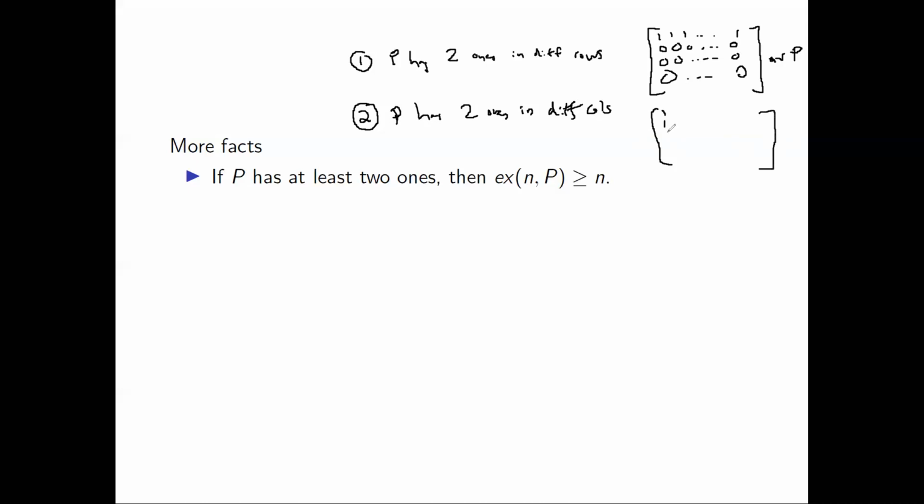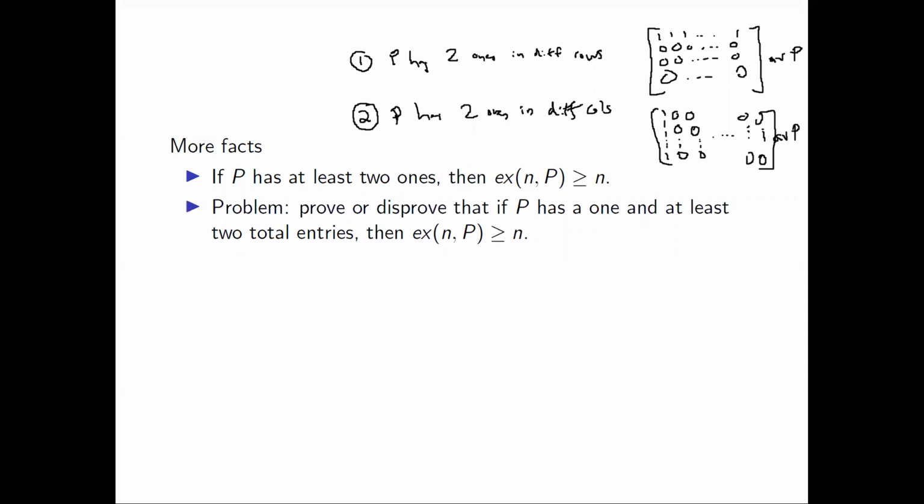It'll have a column of all ones, but then the rest of the columns will be all zeros. And this one avoids P in case 2 because P has ones in different columns and that matrix has all of its ones in the same column, so it can't contain P. So this is how we see that the extremal function of n comma P is at least n as long as P has at least two ones.